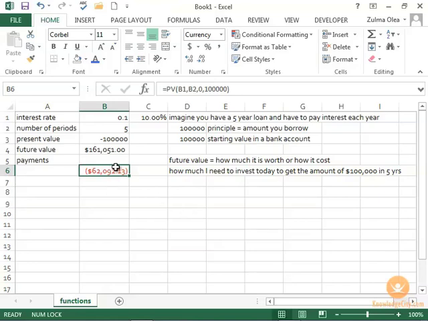So I would invest $62,092 in order to get back $100,000. In other words, if I had to save for retirement and I could put this money in the bank, this is how much I would get in 5 years. That's what it means for this calculation. What's the present value of something that's worth $100,000 in 5 years?